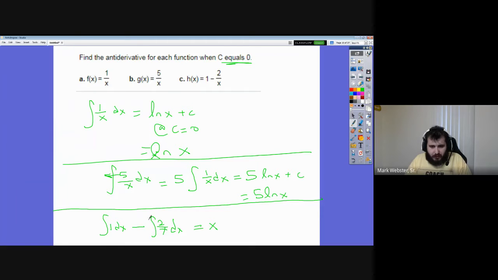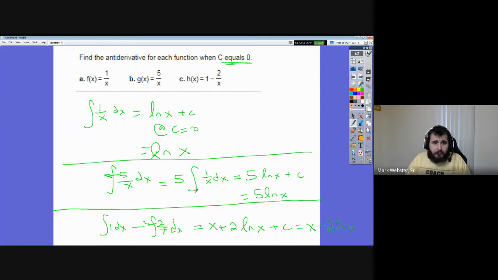You can pull out that 2, right? And so the integral of 1 over x is still natural log of x. Now there's just 2 times natural log of x. And then do that plus c, and then they're telling us, hey, c equals 0. So our final answer, x plus 2 natural log of x.